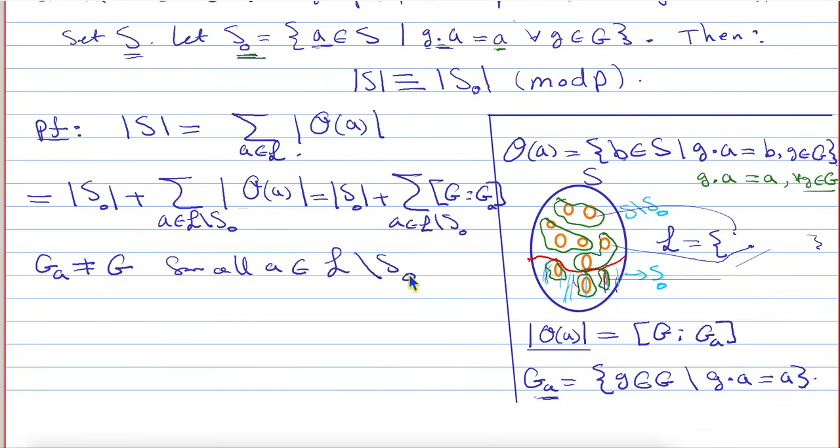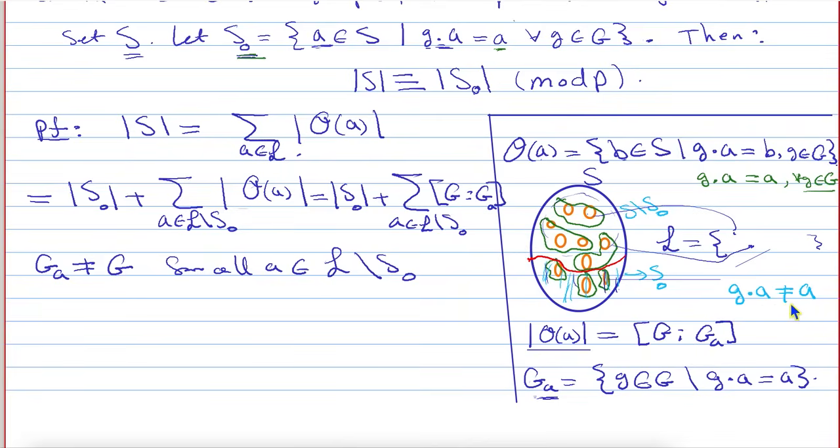So for all elements in this part, the stabilizer cannot equal the whole group. And the reason is that for the elements in this section, there must exist at least one g such that g dot A does not equal A.